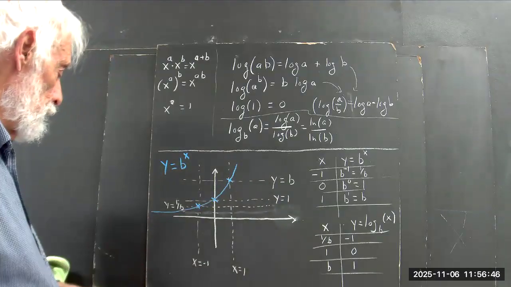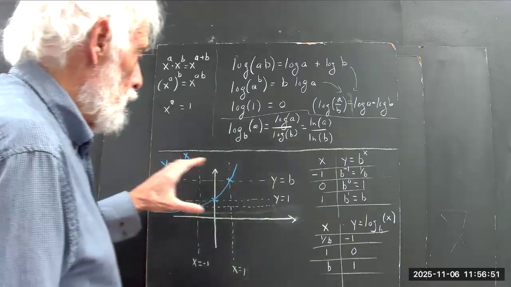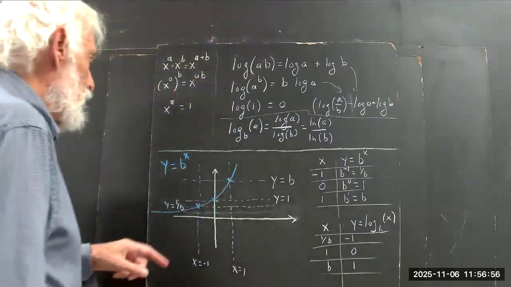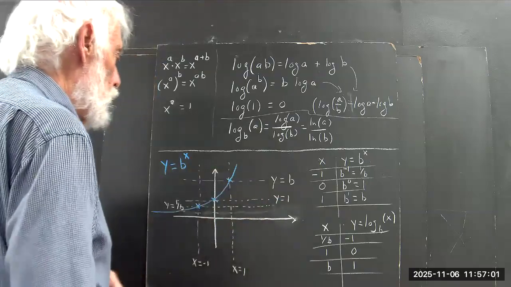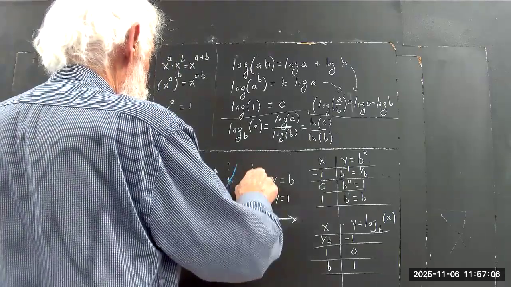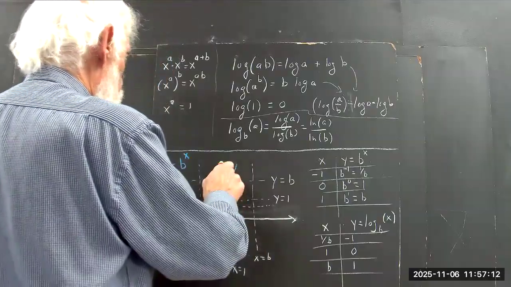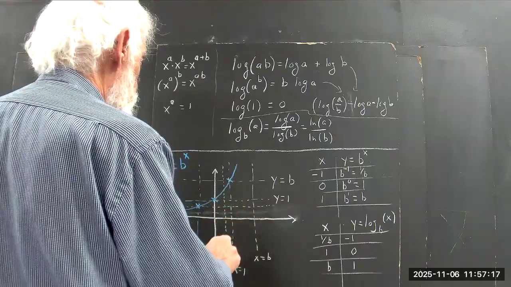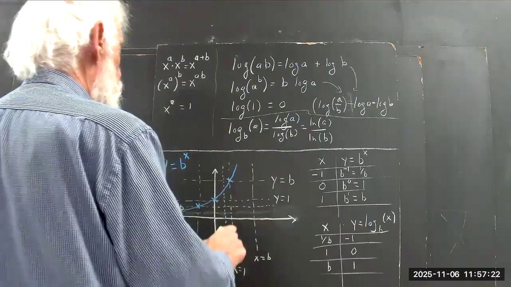Now, what does that do on the graph? That swaps the x and y coordinates. So if I want to draw the graph of the inverse function, the log base b function, I need lines for x that match the lines for y. In other words, I'm going to need an x equals b line and an x equals 1 over b line.